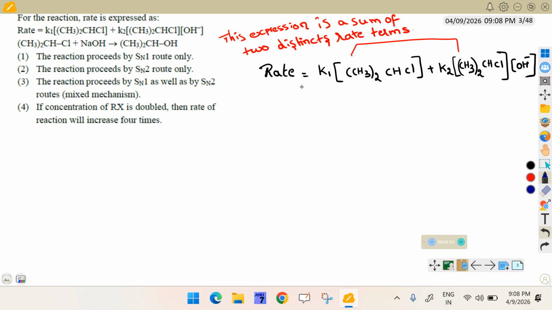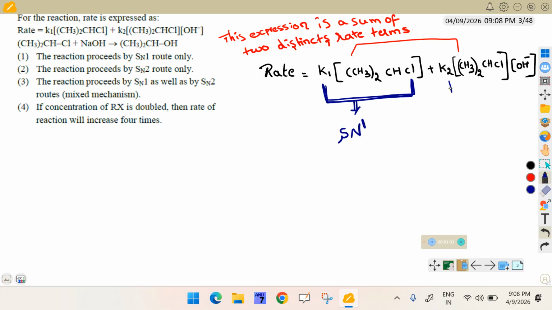First of all, you can say rate. According to the first expression, the rate depends only on alkyl halide, so it follows the SN1 mechanism.